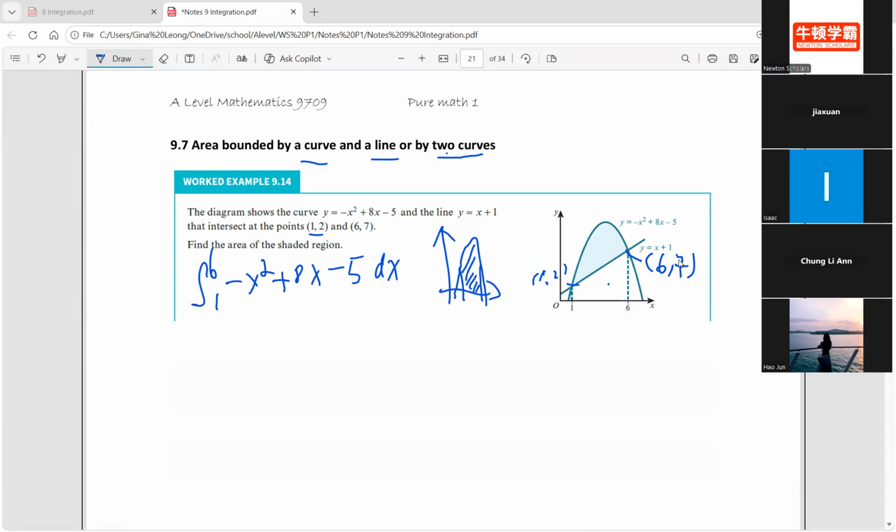From 1 to 6, so this one I will get, wait, let me do it first: negative x to the power 3 over 3 plus 8x squared over 2 minus 5x, from 1 to 6. In some cases I usually press my calculator and straight away get the value.